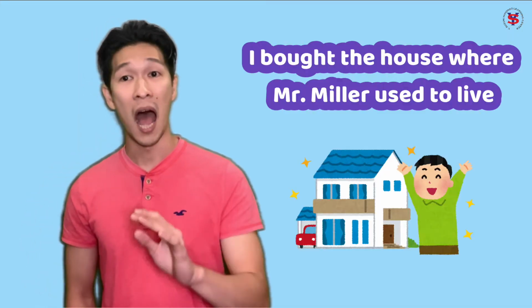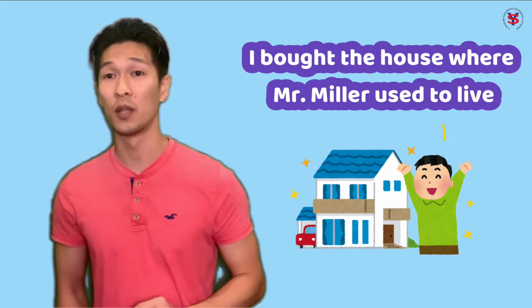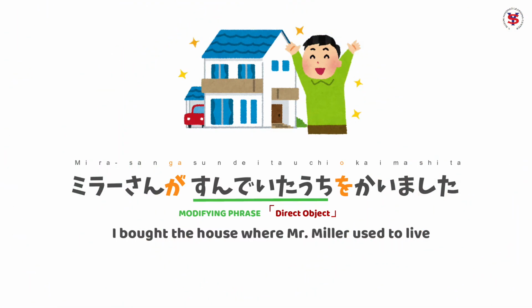Another example, I bought the house where Mr. Miller used to live. In Japanese, ミラーさんが住んでいた家を買いました。Dito naman, ginagamit ang modifying phrase bilang direct object ng verb kaimashita.